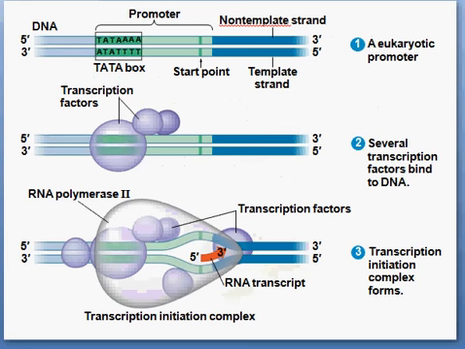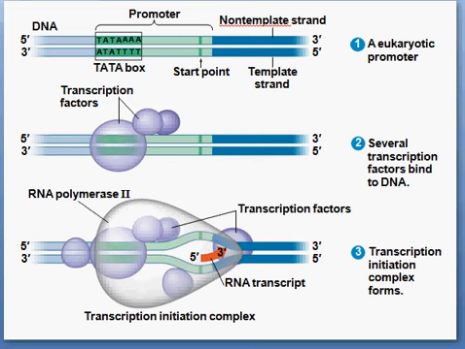This is a series of pictures showing the initiation of transcription. So transcription again involves three things: initiation, elongation, and termination. So what we've been describing so far is just initiation.